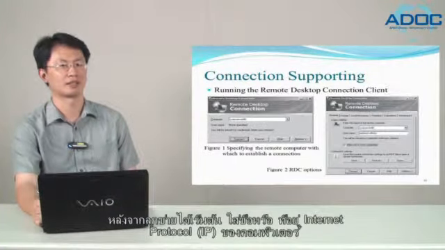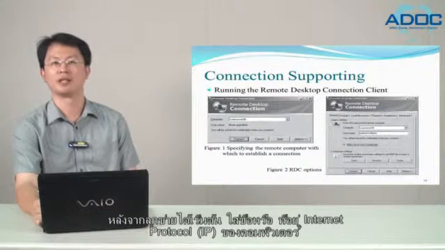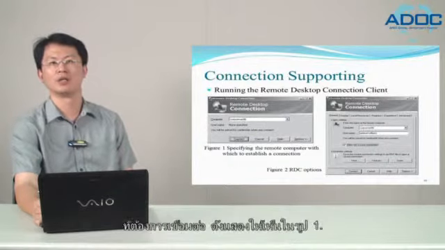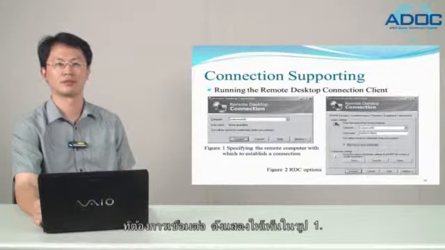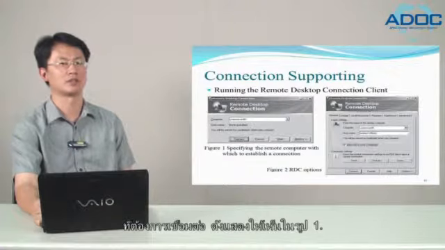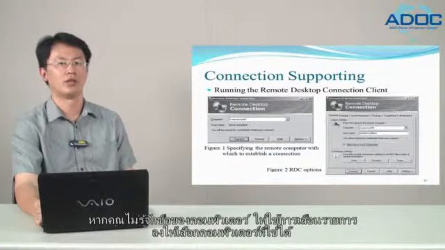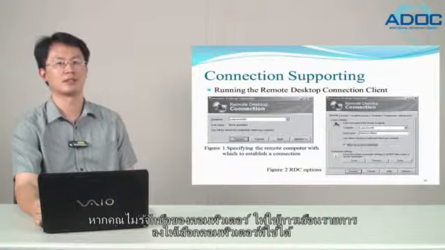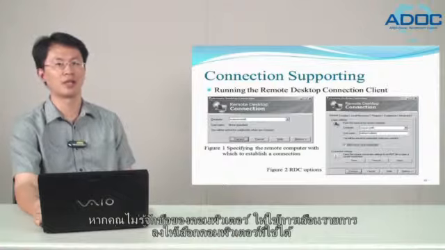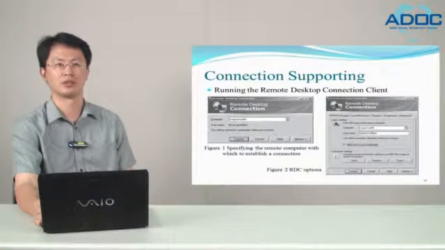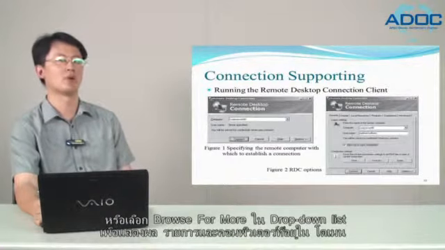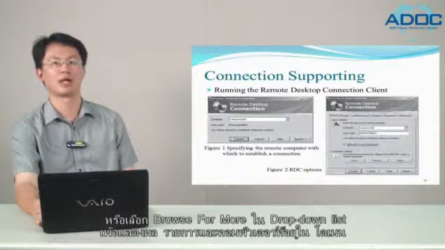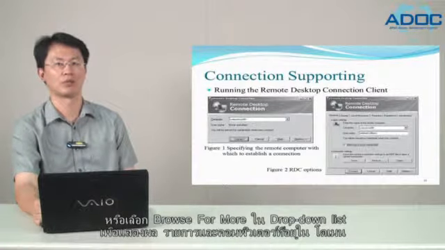After the client is started, enter the name or Internet Protocol address of the computer to which you want to connect, as shown in the figures. If you don't know the name of the computer, use the drop-down list provided to choose an available computer, or select Browse for More in the drop-down list to display a list of domains and computers in those domains.